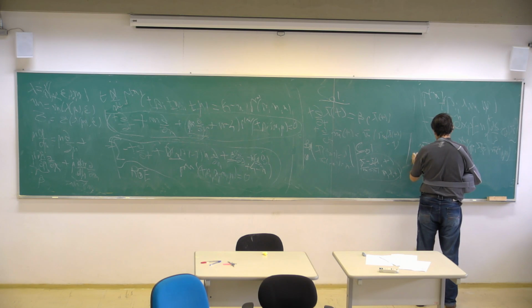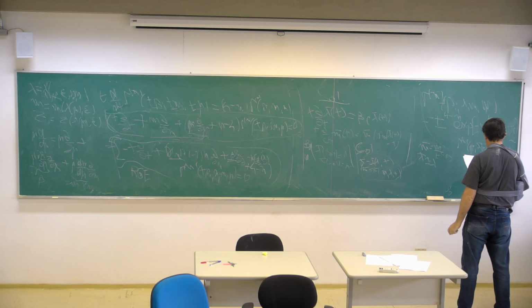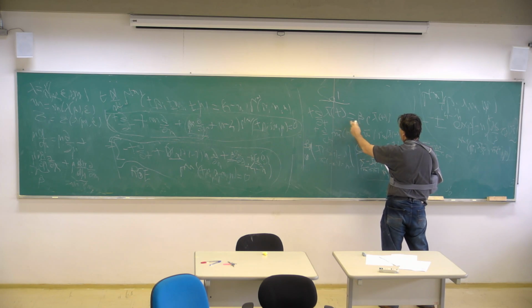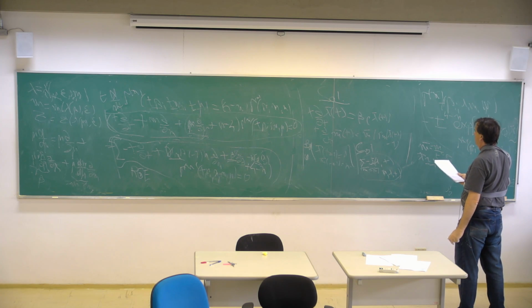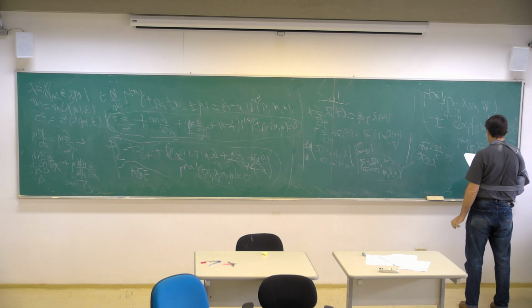If also lambda bar is approximately lambda, so from this equation, if beta equal to 0, lambda bar is approximately lambda.